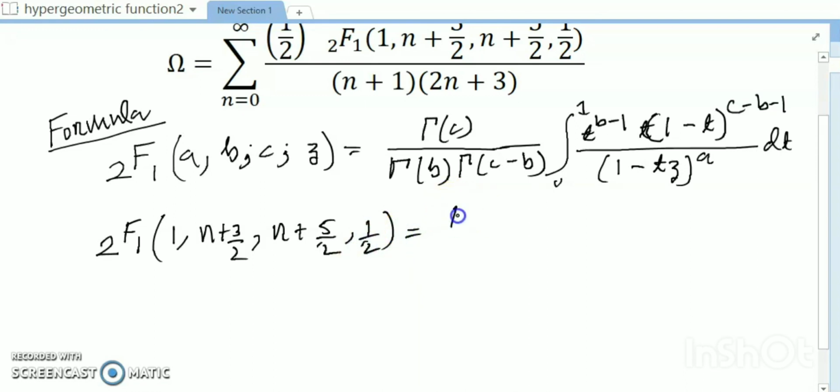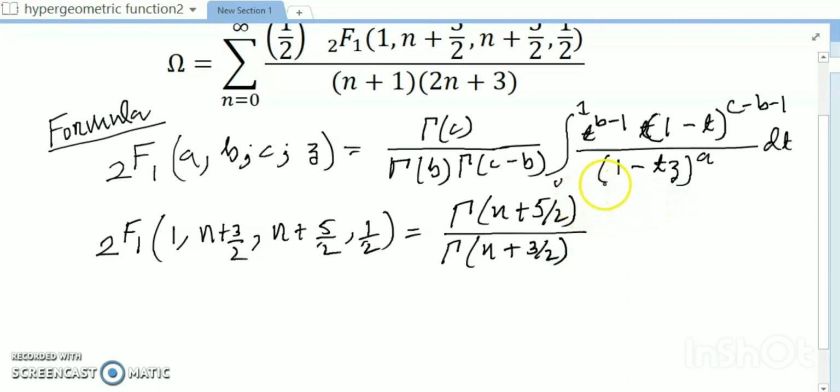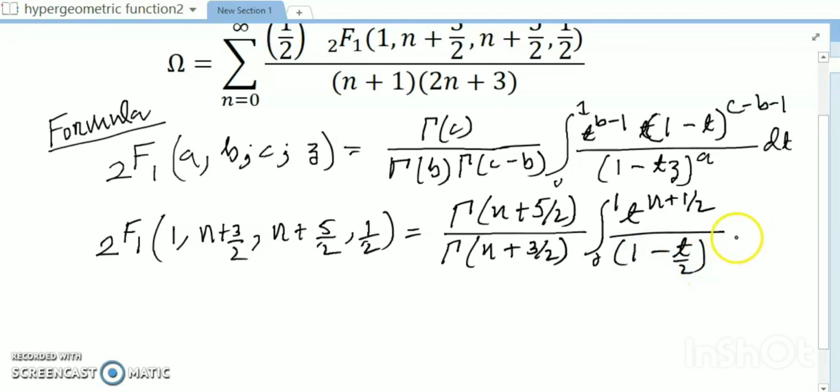So I get gamma of n plus 5 by 2 divided by gamma of n plus 3 by 2, and the integral from 0 to 1 of t to the power n plus half divided by (1 minus t divided by 2) to the power 1, dt.